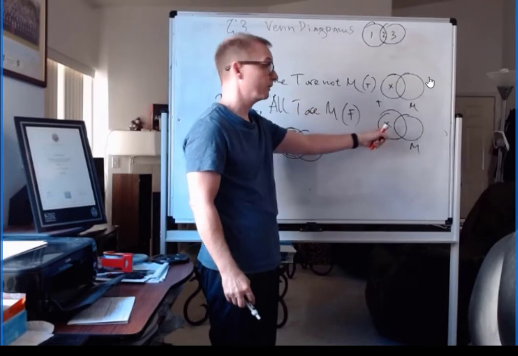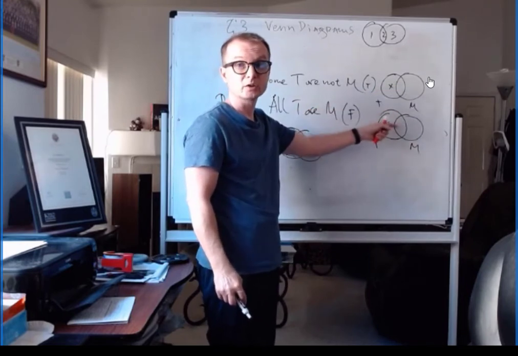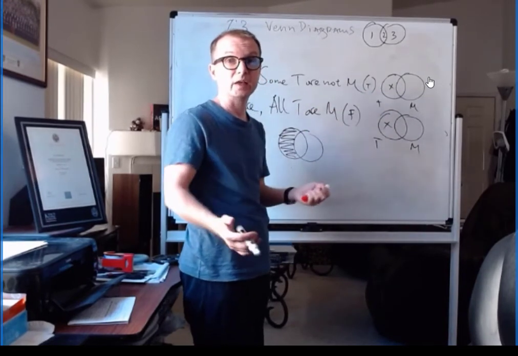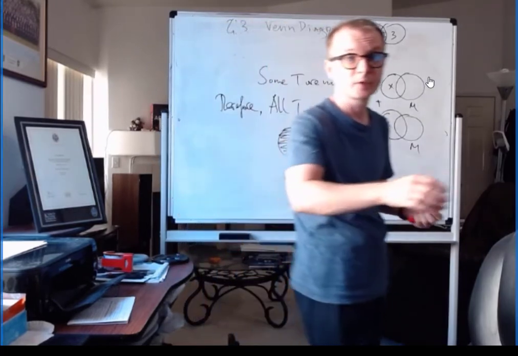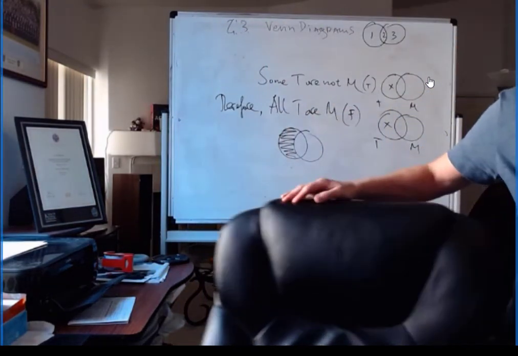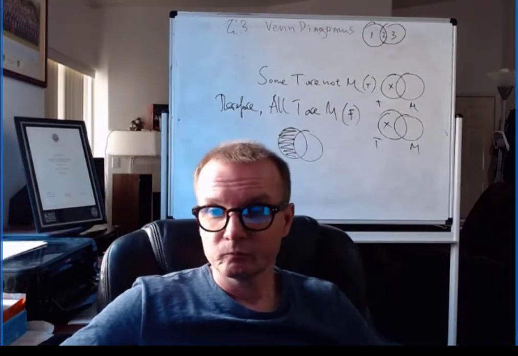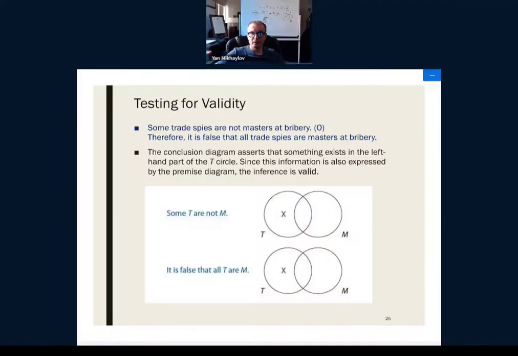You have X here, you have X here. You're going from this to this. Therefore, it is valid. And this is how it's done. We will do a few more examples, but the principle is the same. So yeah, see, that is the same picture as I have on the board, and it just tells you that it is valid.